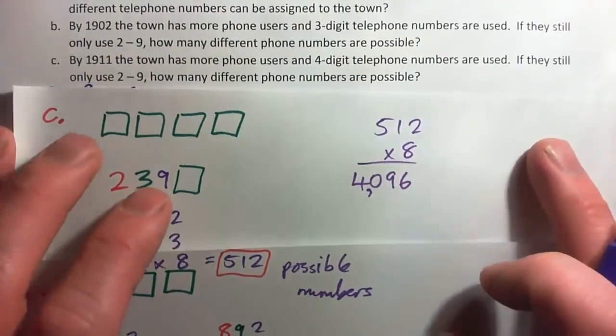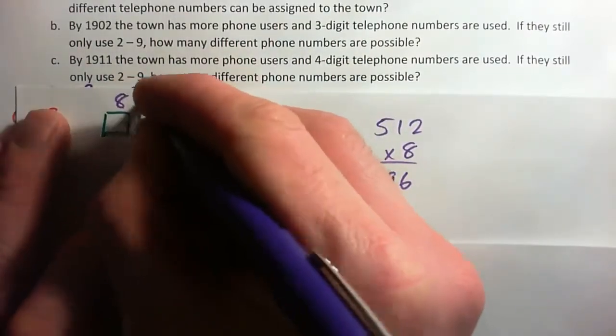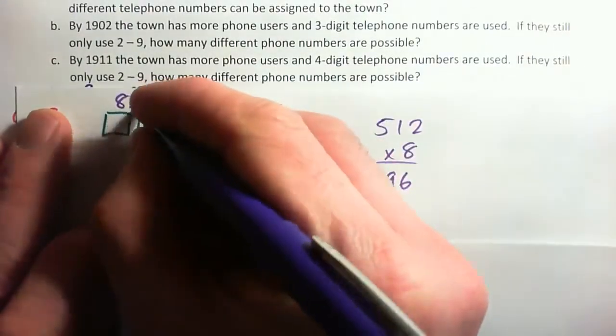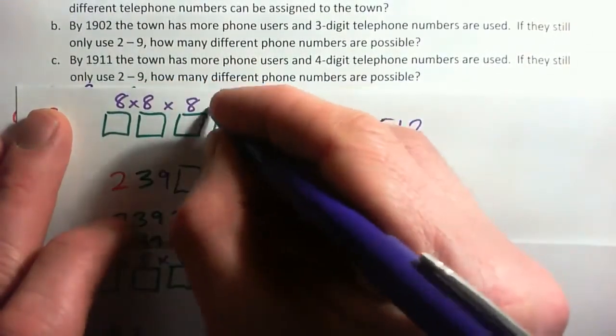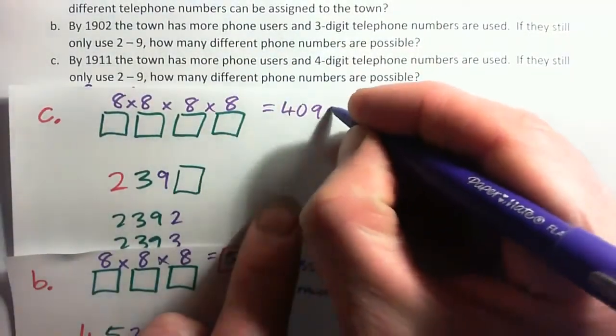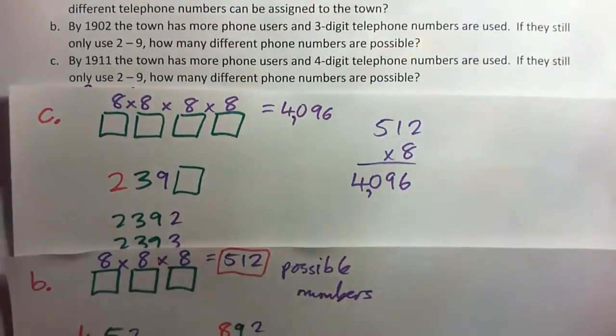So 4,096 new users by 1911. And the other way, the kind of formula way, I guess, is you just go 8 times 8, 64, times 8 again, 512, times 8 again, 4,096. But really I hope we can think about this and understand why rather than memorizing what to do.